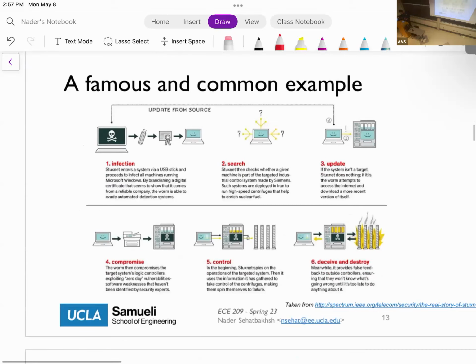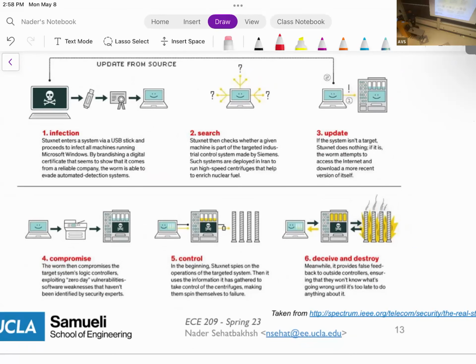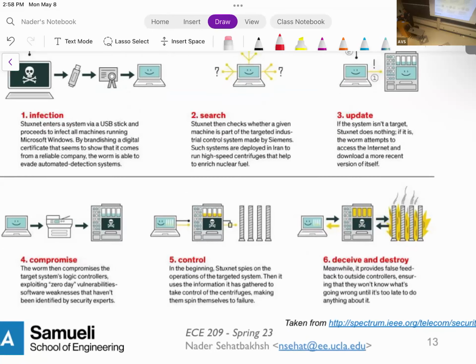Examples, there are many. The most famous one is probably Stuxnet that you have heard about. I think we briefly talked about it last time, about when there was PLC. So PLCs are one of the very common examples of the cyber physical systems that we're targeting in this class. They are used to control different physical sensors and actuators: open a valve, close a valve, read the sensor, change the temperature, move a motor, all those kinds of things.